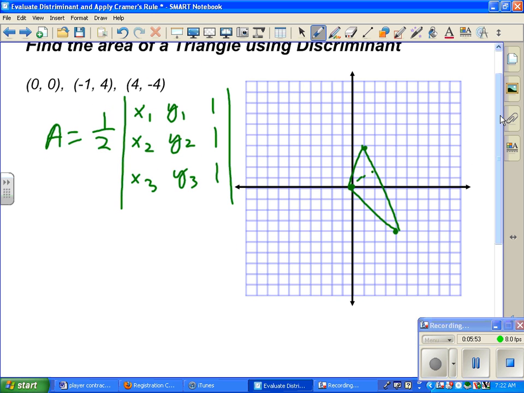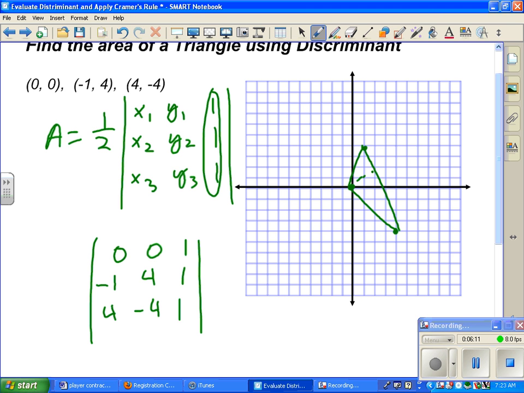So let's plug in what we know. x1, y1 is 0, 0, and then a row of 1s to make it square is why we have this row of 1s, because I need the thing to be square to take a determinant. Then I've got -1, 4, 1, 4, -4, 1. I need to find the determinant of that and then multiply it by 1/2.